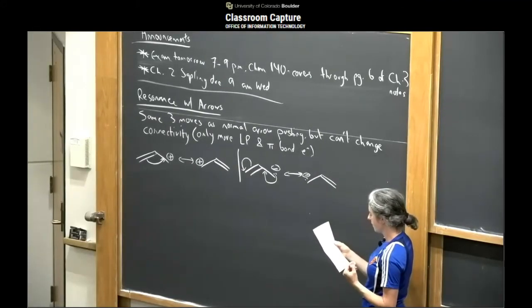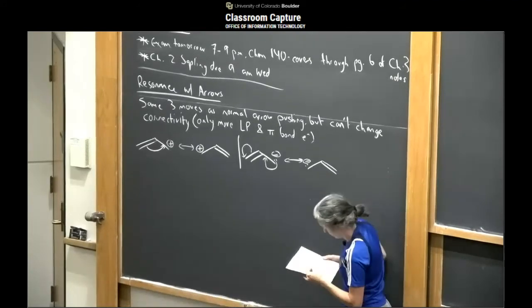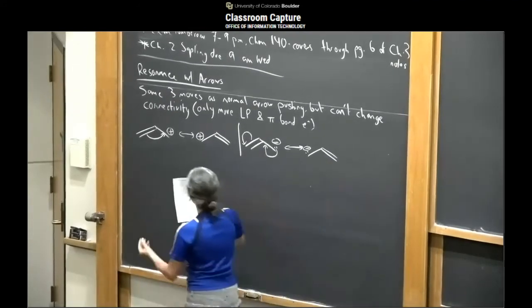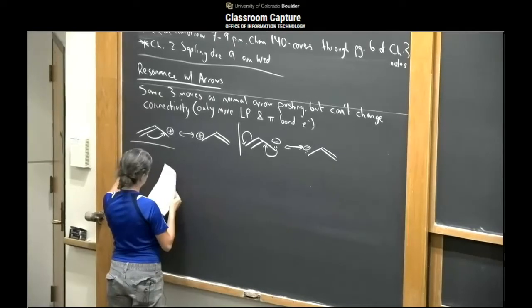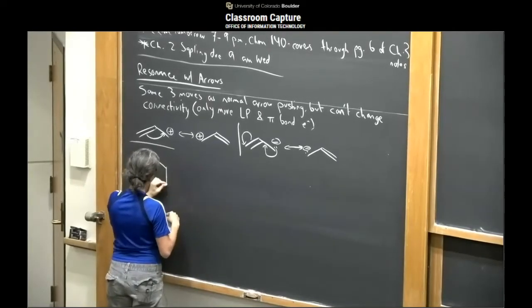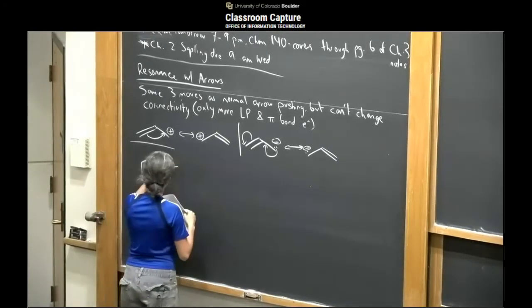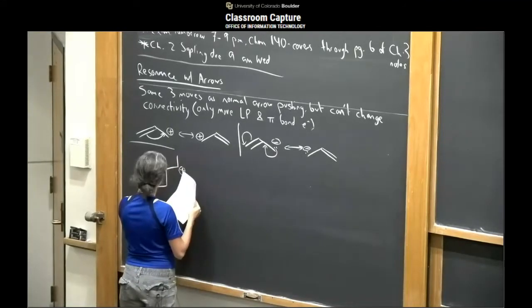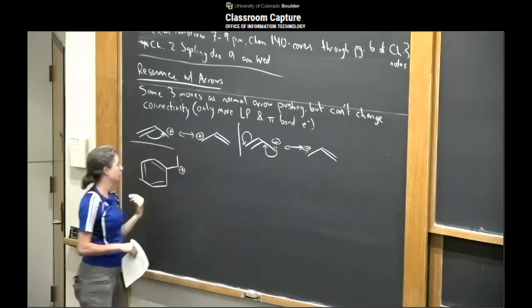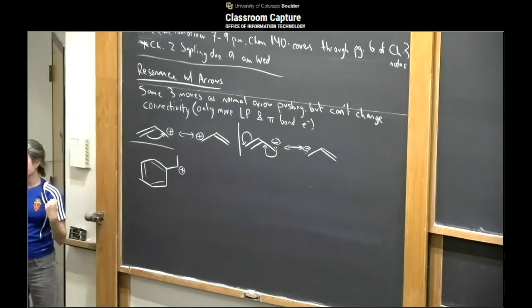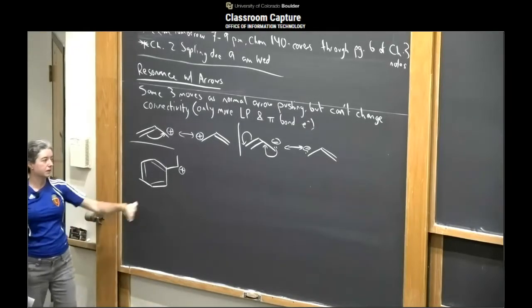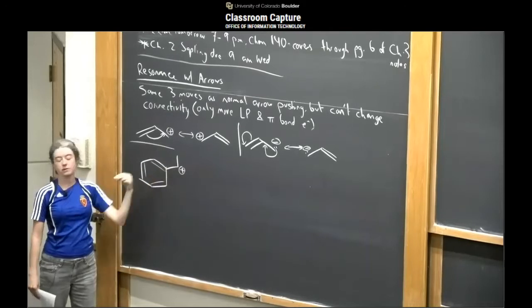If you're given a more complicated molecule, something like this for example, what you want to do is look for those 3-atom subunits where you've got a charge right next to 2 atoms with a double bond.